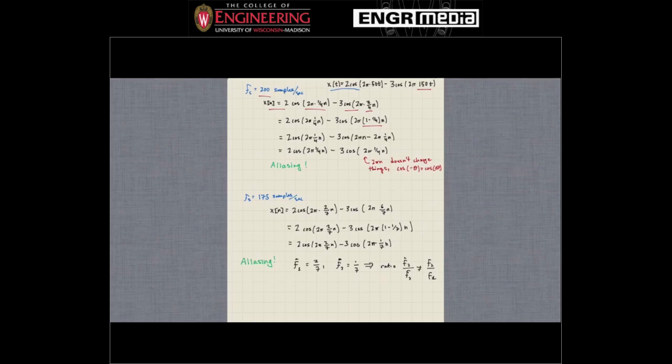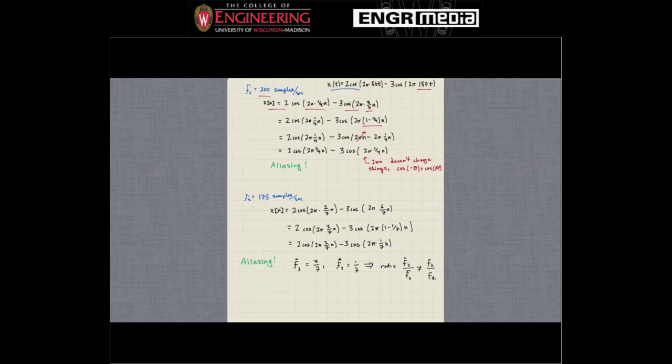And now, using that same trick, moving down to the next line, we can just cross out this 2 pi n, because cosine is 2 pi periodic, so any integer n that we put in is just going to give us the same thing. And then the next thing I'm going to do is, with this minus 2 pi times 1/4 n, since the cosine of a negative angle is equal to the cosine of that angle, we can just get rid of the negative sign.